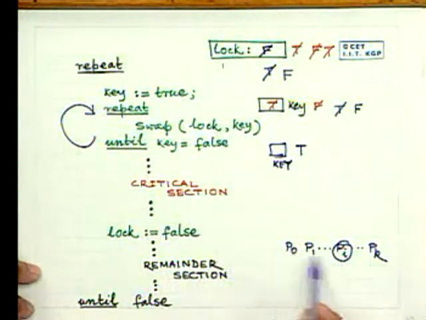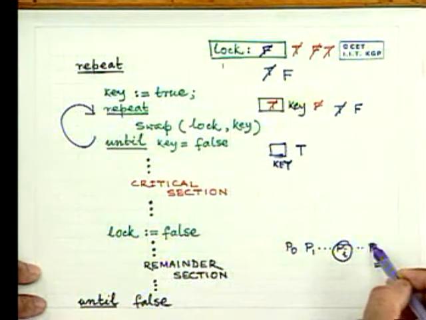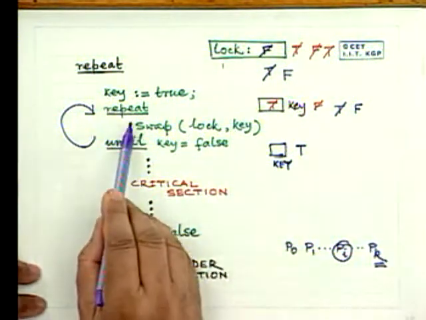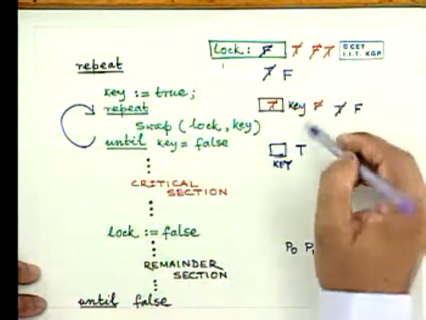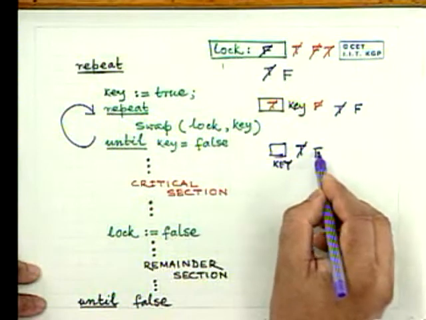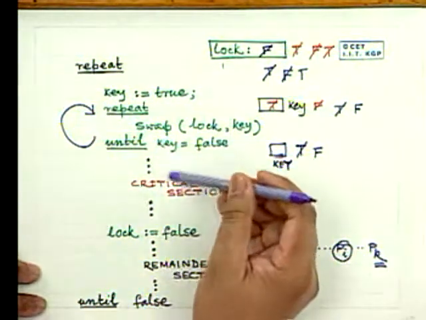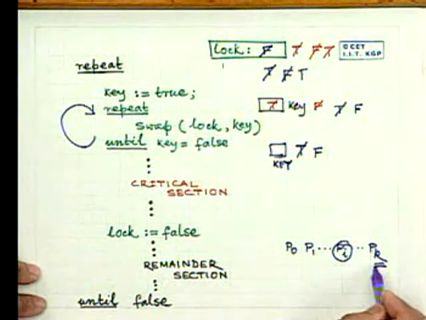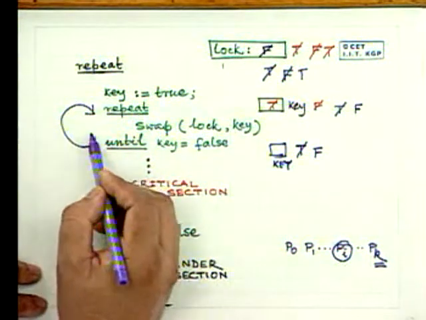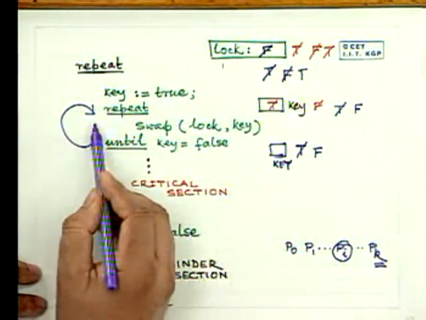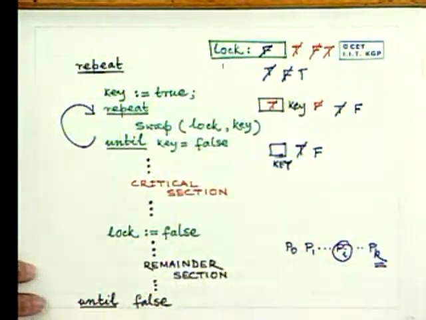In that case, one of the processes, say Pk, while executing its entry section, that means the swap instruction, will exchange true with false, will get its key as false, will make the lock true, and can enter its critical section. Now Pk enters its critical section, and all other processes still go on busy looping if they are trying to enter the critical section.